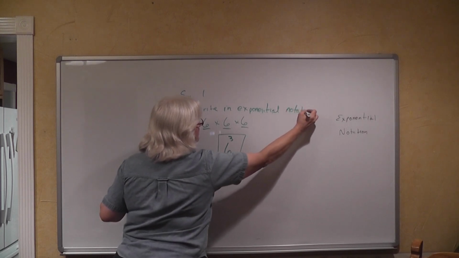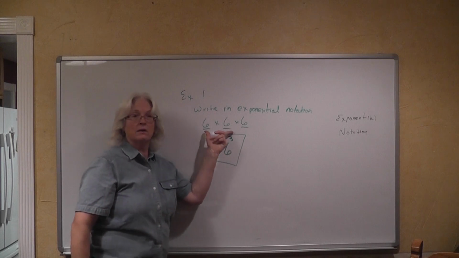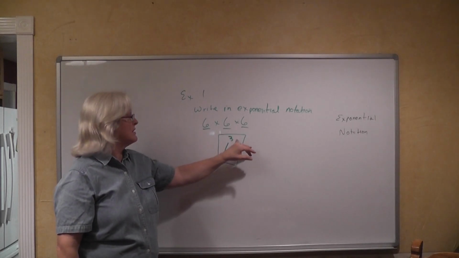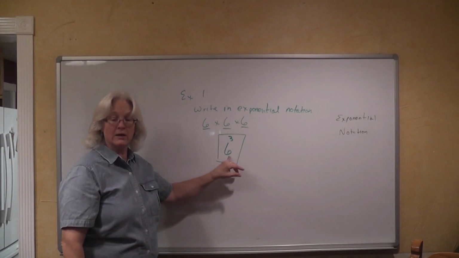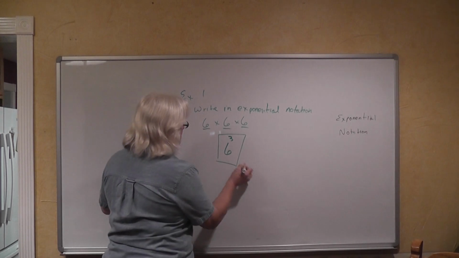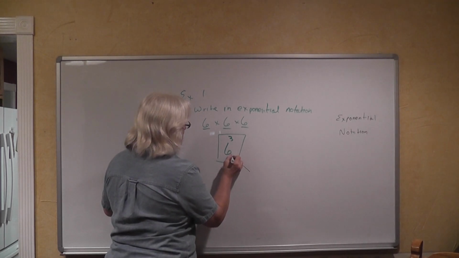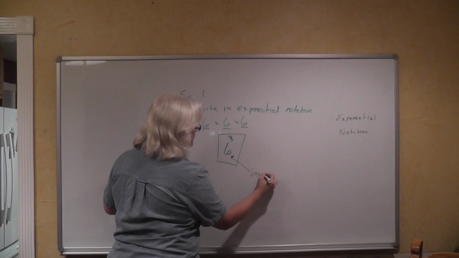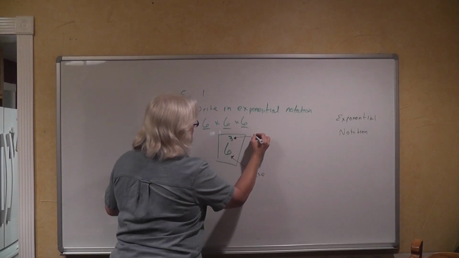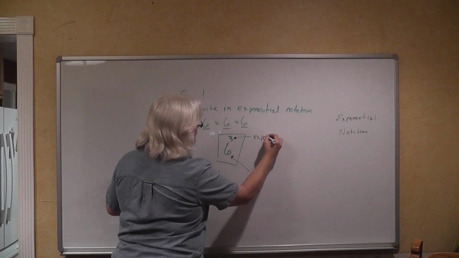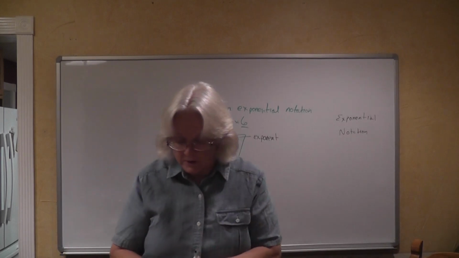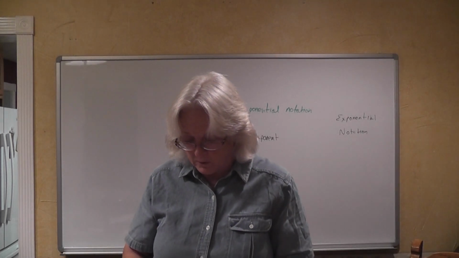And you see here that we have 6, used as a factor 3 times. This is what we call exponential notation. The 6 is the base, and the 3 is the exponent.